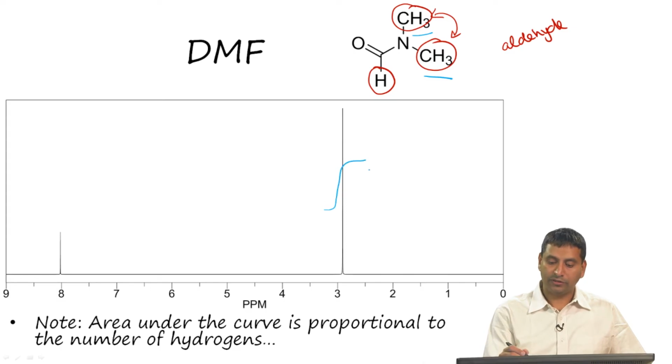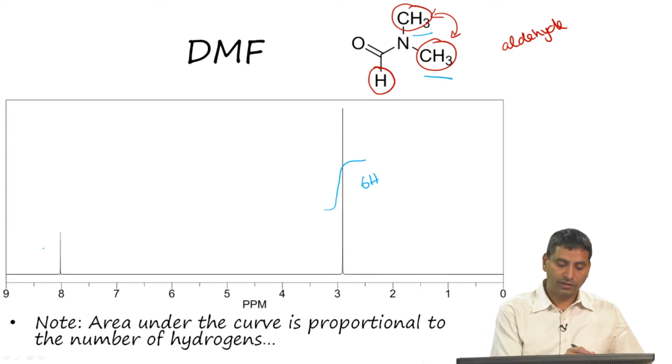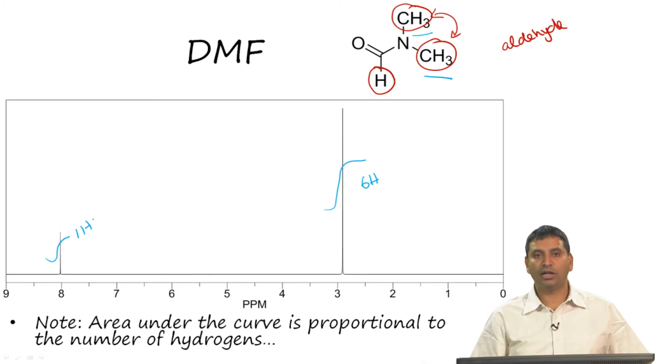If you integrate this, you get 6 hydrogens, and if you integrate this, you get 1 hydrogen. So, this is what I would expect as a theoretical NMR spectrum. As you already know from basic NMR spectroscopy, the area under the curve is proportional to the number of hydrogens. So, it is a very simple situation, right.